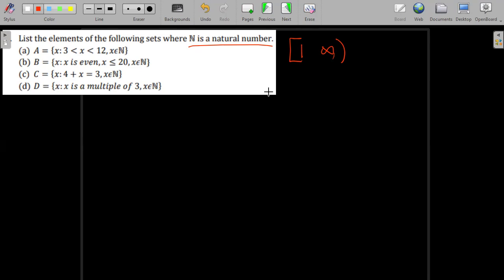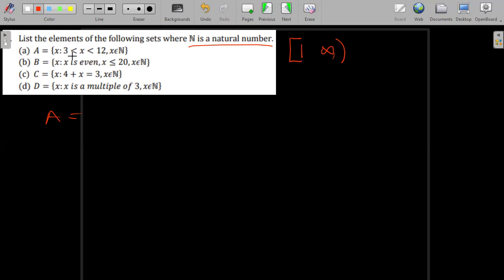Now how am I going to get the values they're asking for? These counting numbers are discrete and they're not decimals. They're whole numbers, like 1, 2, 3, starting from 1 all the way to infinity. For the first one, I have A. If I read this set builder notation, it says set A is a set of x such that x is between 3 and 12.